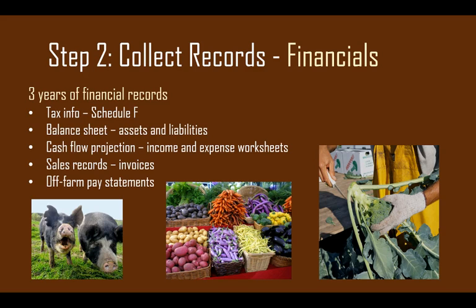Many folks who are getting started farming and getting started buying a farm, or working on an operating loan, will also have off-farm income coming in. And so having your pay statements on that to show the health of your financial situation is also really important.